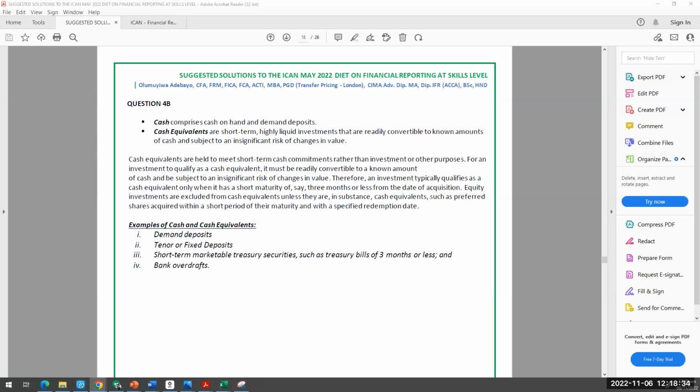Examples of cash and cash equivalents: 1, demand deposits; 2, tenor or fixed deposits; 3, short-term marketable treasury securities, such as treasury bills of 3 months or less, and bank overdrafts.